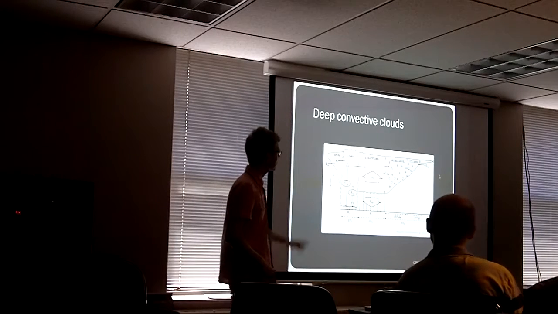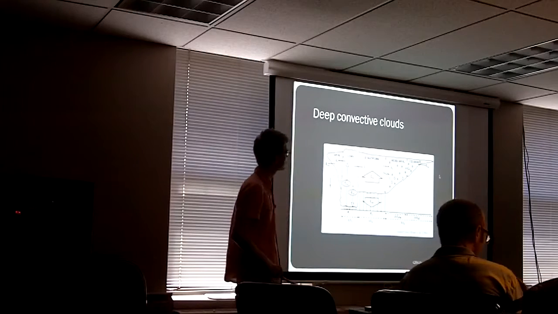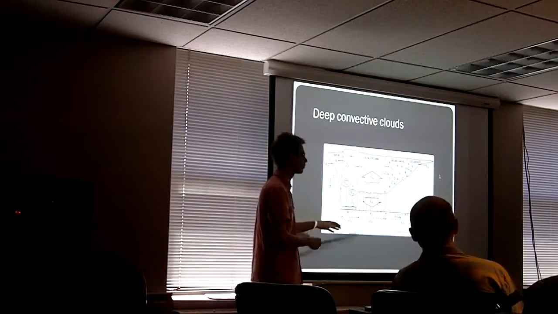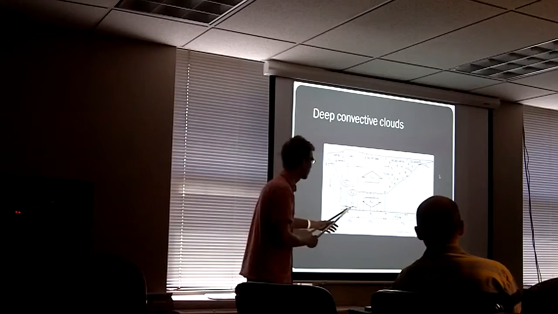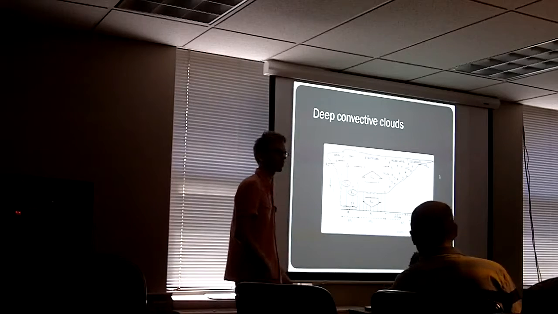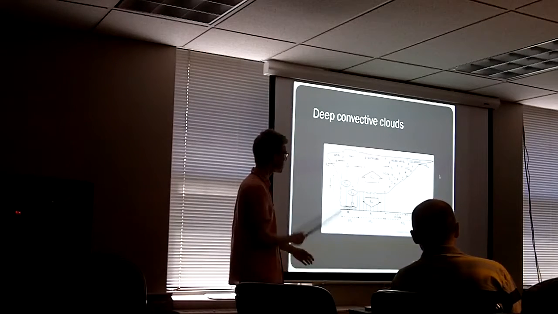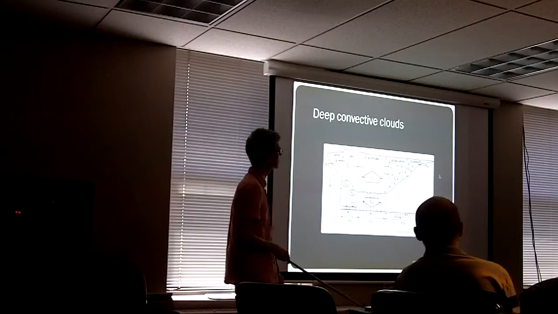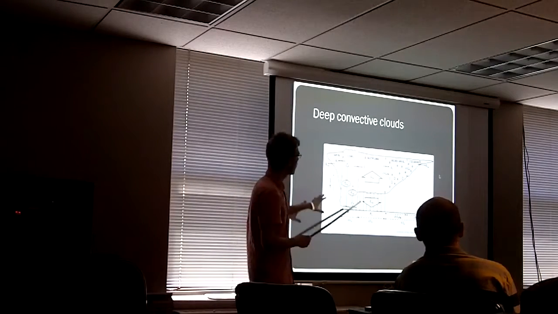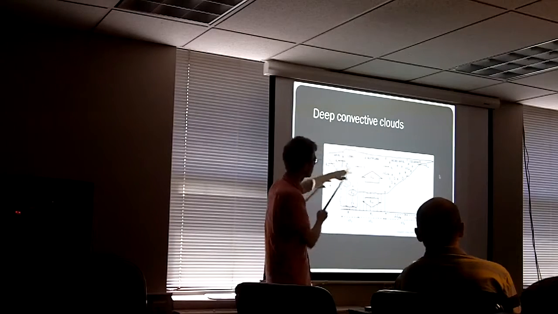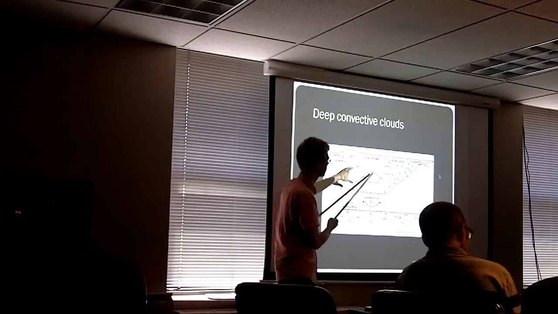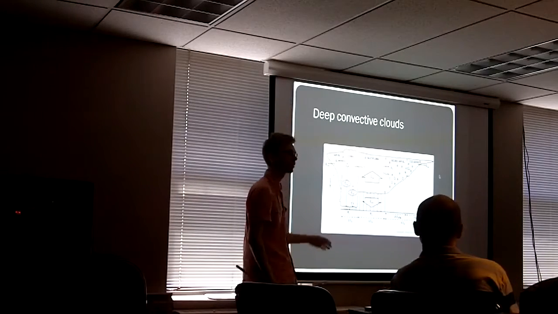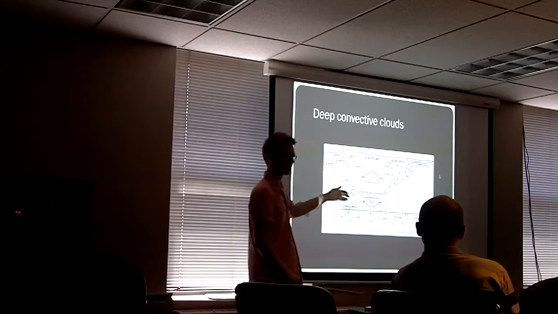So never mind all the symbols on there, but you have this deep convective core which rises from near the surface and shoots up all the way to the tropopause, and can actually overshoot the tropopause some bit. So it ejects some stuff into the stratosphere. And if there's wind shear this way, then it develops what they call an anvil, because it looks like an anvil where you hammer on.